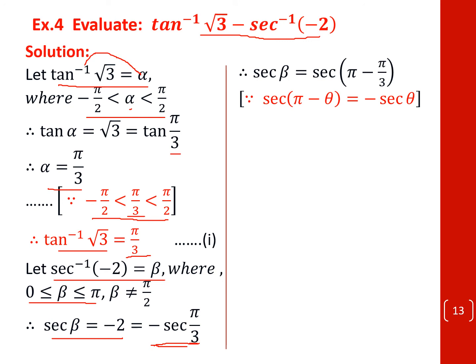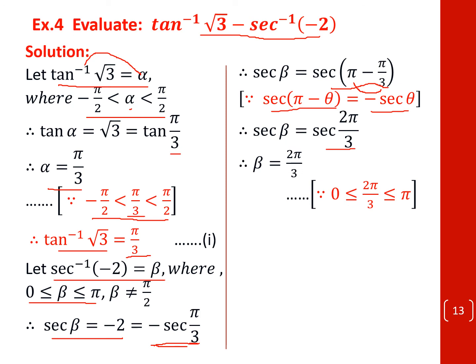That is sec beta is equal to sec of pi minus pi by 3, since sec of pi minus theta is equal to minus sec theta. Therefore, sec beta is equal to 3 pi minus pi upon 3, that is sec of 2 pi upon 3.